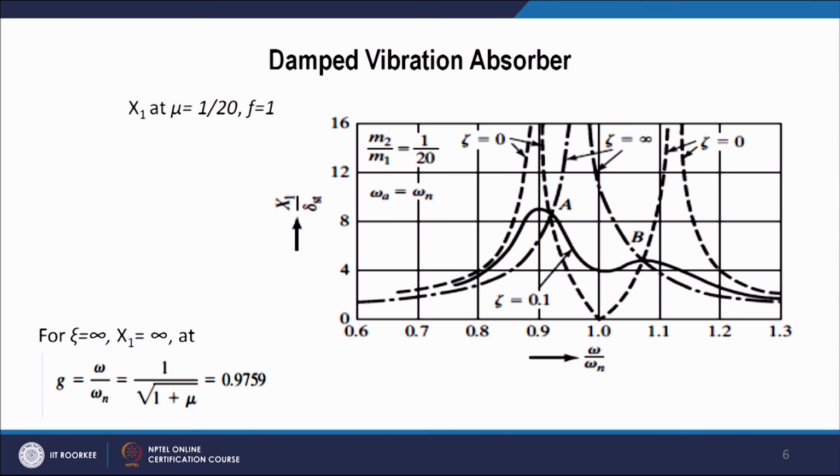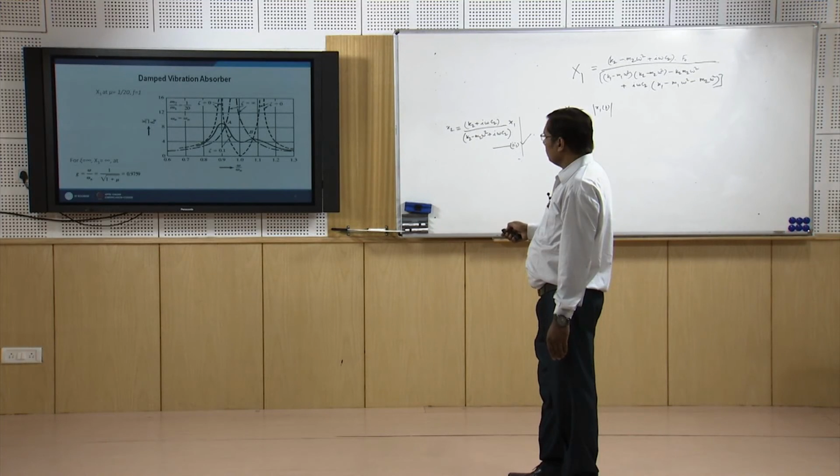So we see that for zeta equal to infinite, x1 is again infinite and the corresponding g is 0.9759.